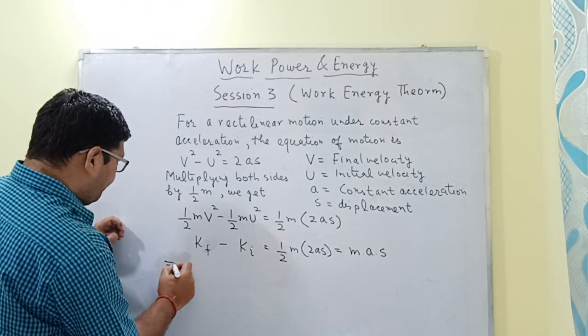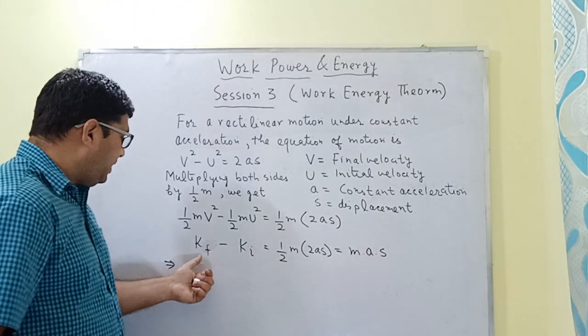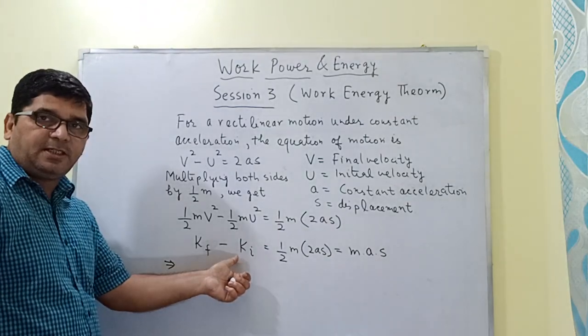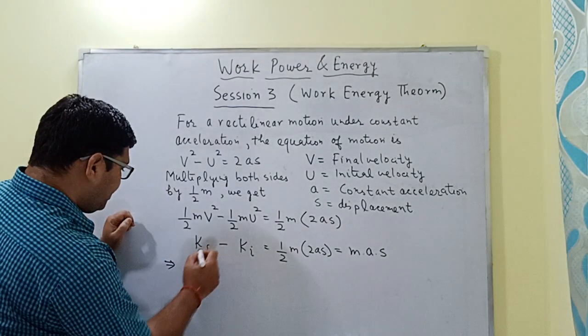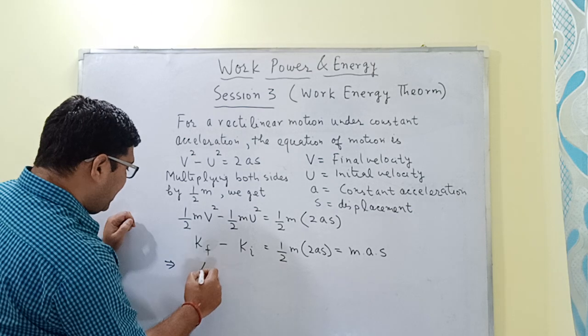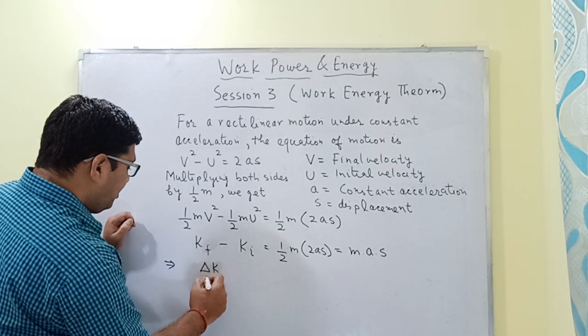Now जो ये है this kf minus ki, क्या है? This is the change in the kinetic energy. So हम इसको लिख सकते हैं as delta k.